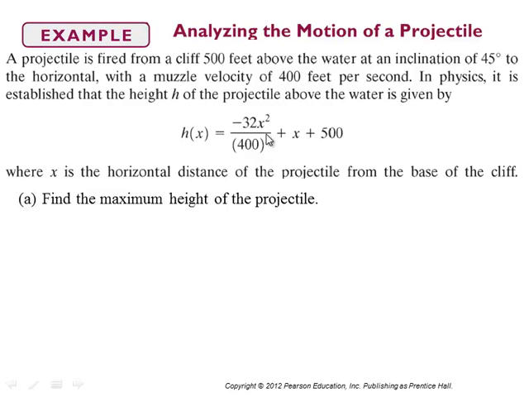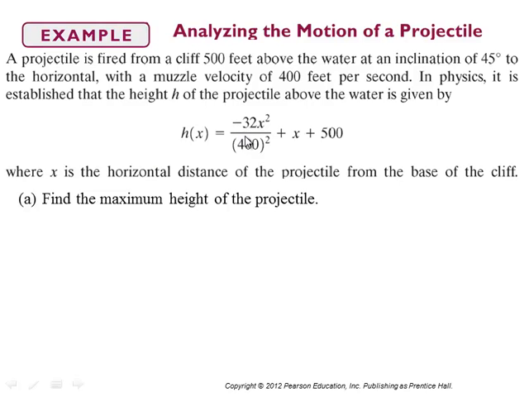So when you've gone, say, x number of feet downrange, then this function will tell you what the height is above the water. We have several questions to answer, and folks, this isn't all that hard, because we know how to deal with second degree polynomials.